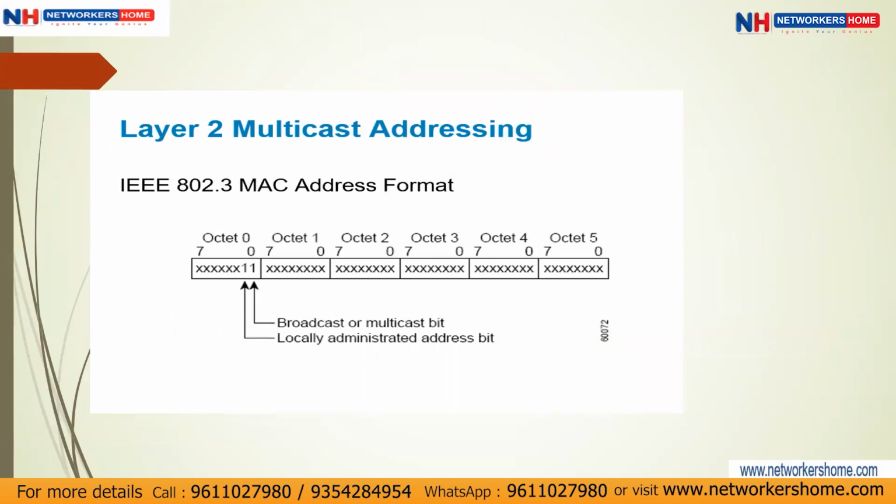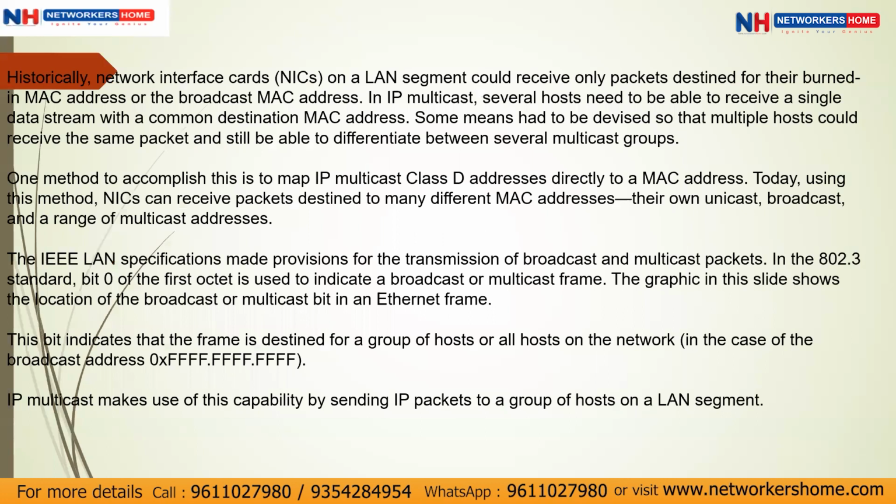And this is layer 2 multicast addressing: the IEEE MAC address format, broadcast versus multicast, and locally administered addresses. Historically, a network interface card on a LAN segment could receive only packets destined for its burned-in MAC address or the broadcast MAC address. With IP multicast, several hosts need to be able to receive a single data stream with a common destination MAC address.